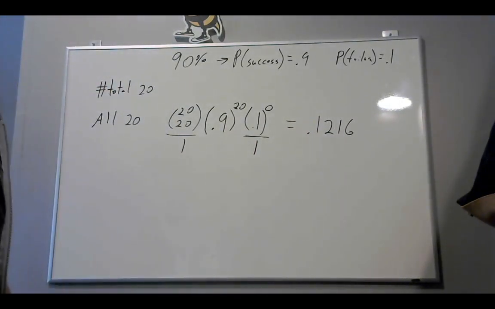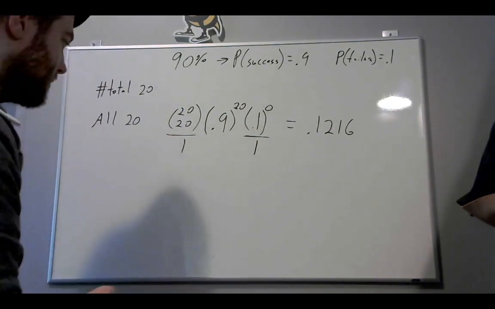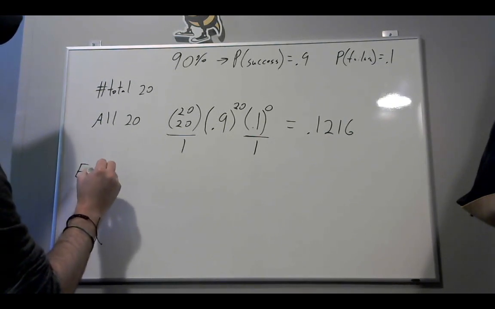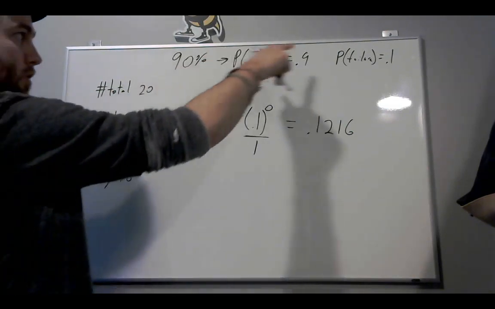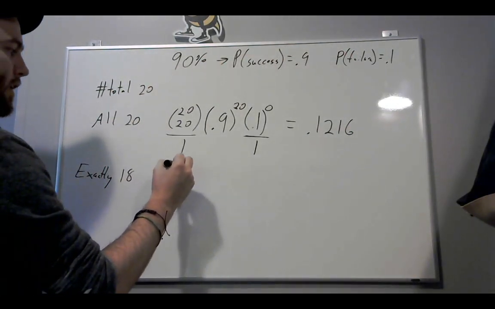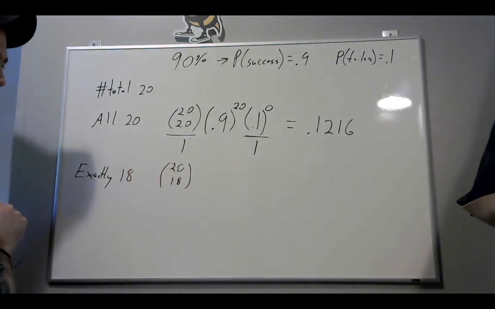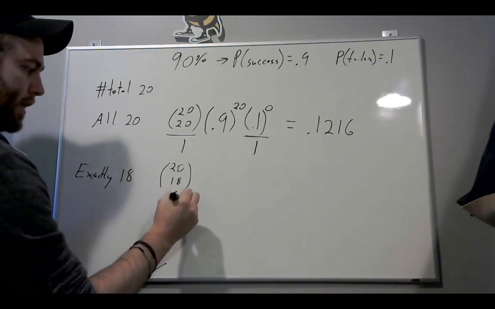Okay? So another example, we want to make exactly 18. So using all of this information still, that means that of the 20, we want to make only 18 of them. So 20 choose 18.